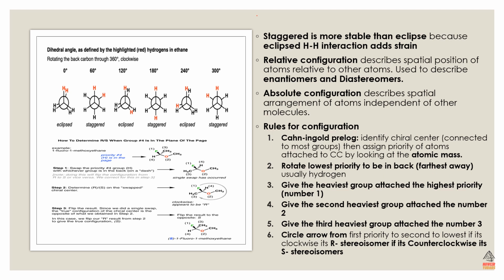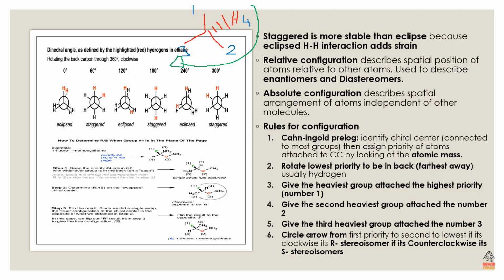Then you circle, and let's say you have this structure. Just bear with me. And then you have here 1, 2, 3, and this is 4. So if you have this structure numbered this way, and you make a clockwise rotation, that's an R isomer.